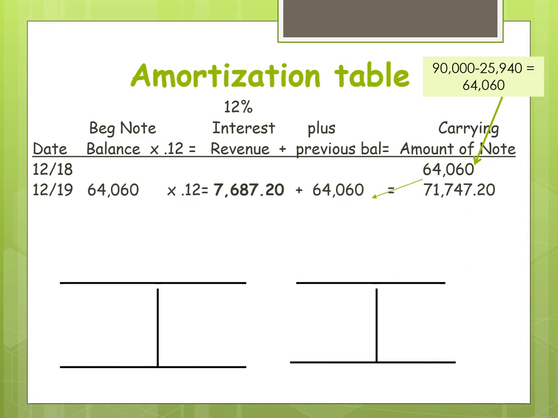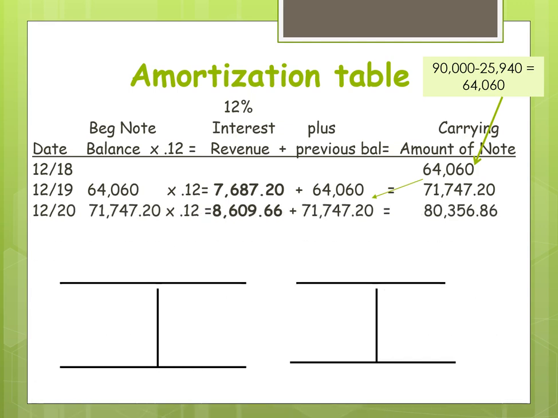Now, when we make the payment at the end of the first year, to come up with how much interest revenue we're going to book, we take that $64,060 balance, which is the note minus the discount, times 12%, and that tells us how much we're going to reduce our discount on notes receivable account.